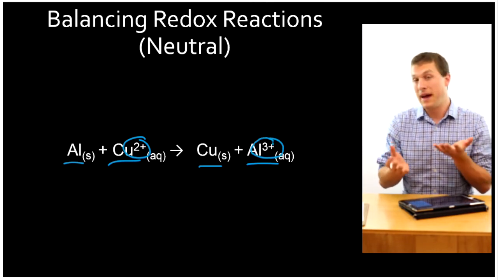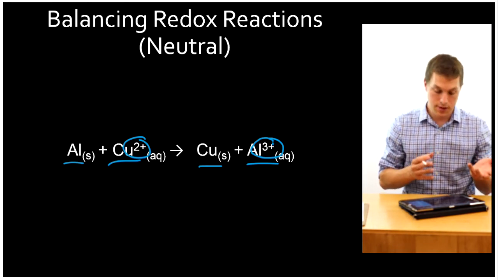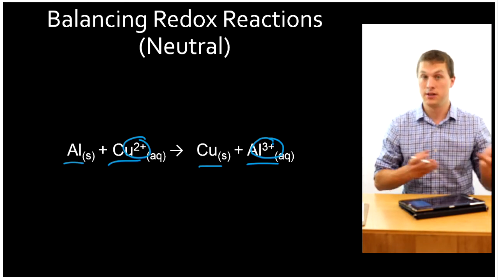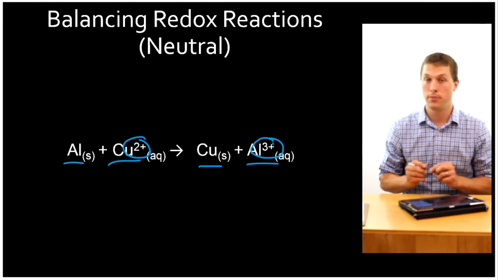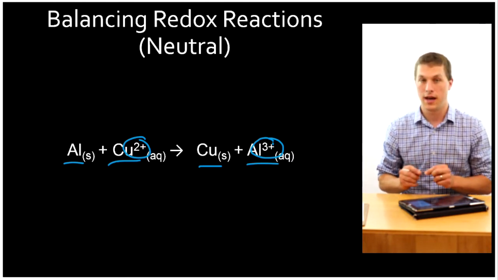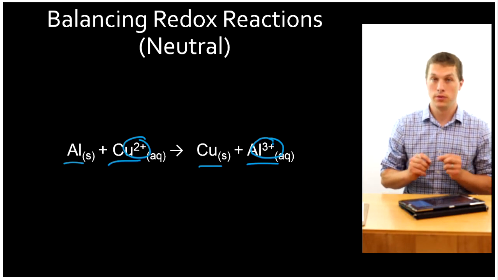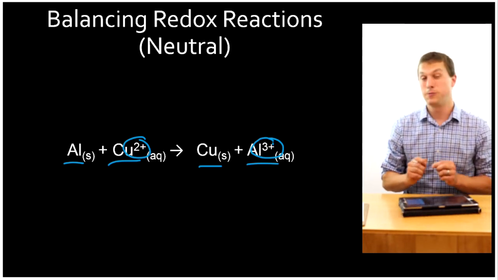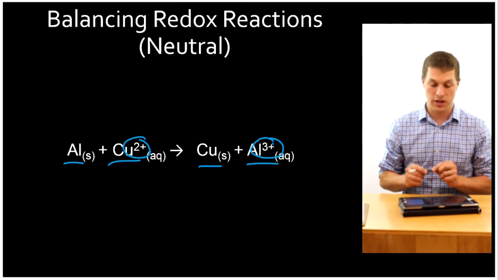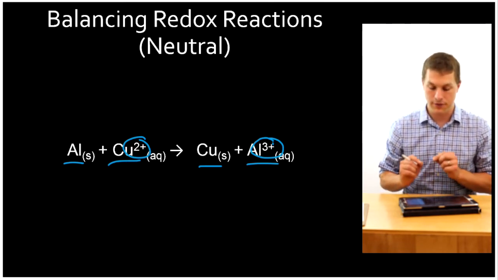So that's not balanced. There's actually more electrons on the left side of the reaction than there are on the right. And so balancing redox reactions is all about balancing the number of electrons used up on one side and given to the other side. And so what we need to do is follow a special set of steps to make sure that the number of electrons are equal before and after.